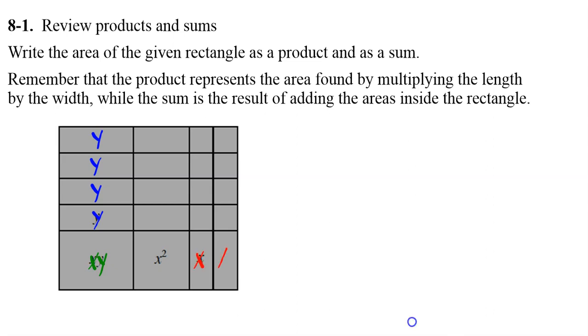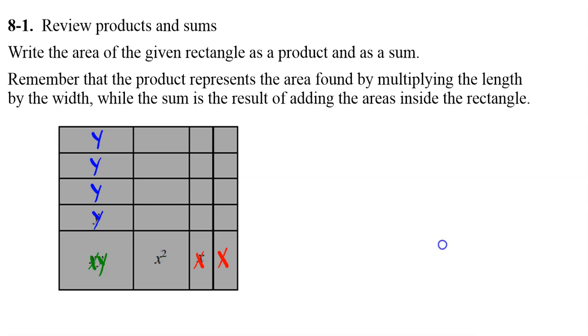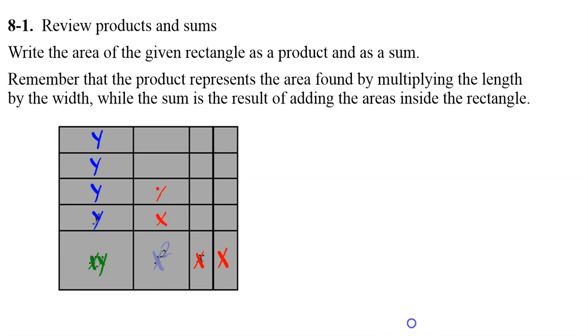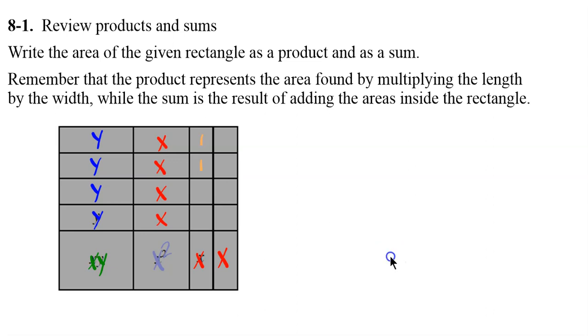So these two are x tiles. And then we have an x square. That's an x squared tile there. And it takes an x with an x to make an x squared tile. So these are all x's here. And then what's left over is we have some 1's. So that's what we have.